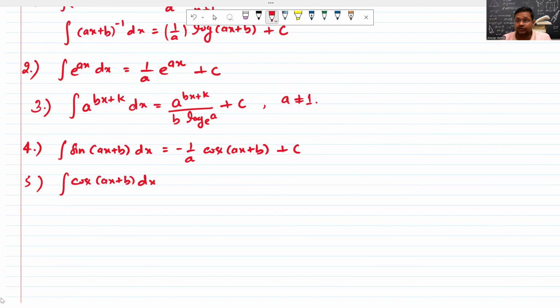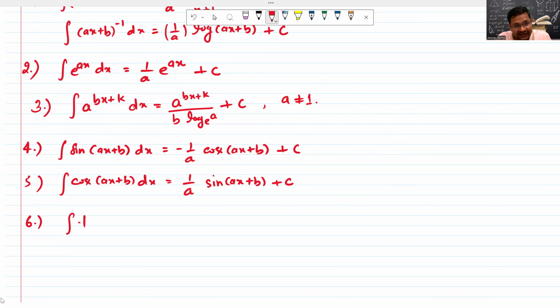It is easy to remember this formula. You should remember the derivative formulas, then you can just take the reverse process, the inverse. So integration of cos (ax plus b) dx is equal to 1 upon a sine of (ax plus b) plus some constant c.